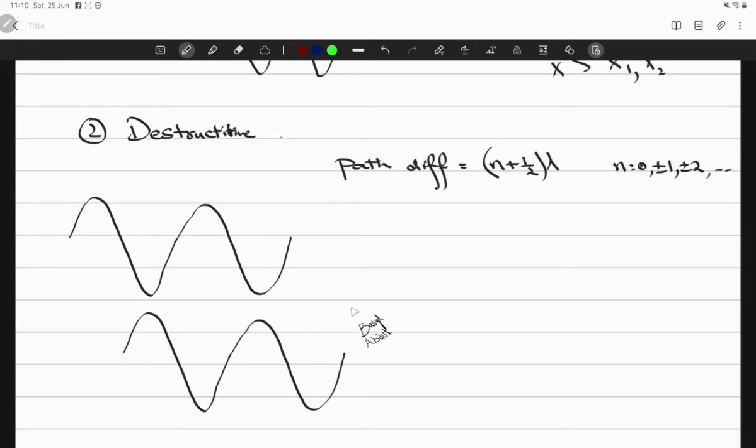The difference in these two is n plus half lambda. So you can clearly see that this is a value in one direction, and the amplitudes, remember, have to be equal. If I look at this one, I have this point, and if I look at this one, I have this point over here.